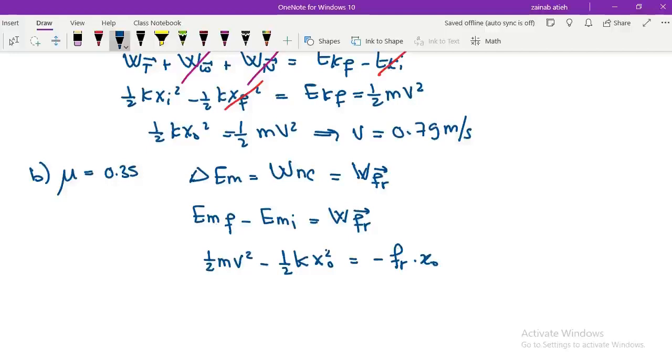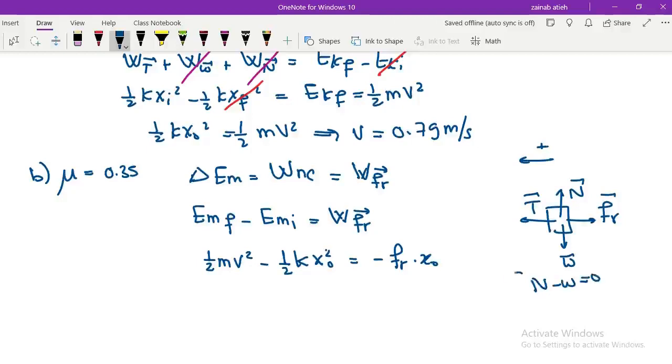He did not give me Fr, but for sure there is a relation between Fr and mu. Remember, this is the tension, this is the normal, this is the weight, and this is the Fr, because it's moving this way. For me, everything on the vertical will be equal to 0, so n minus w equals 0, so for sure n equals mg.